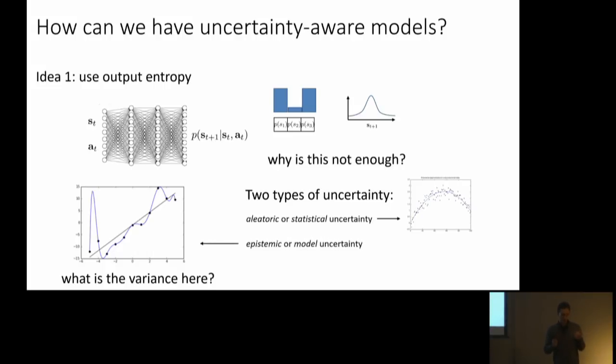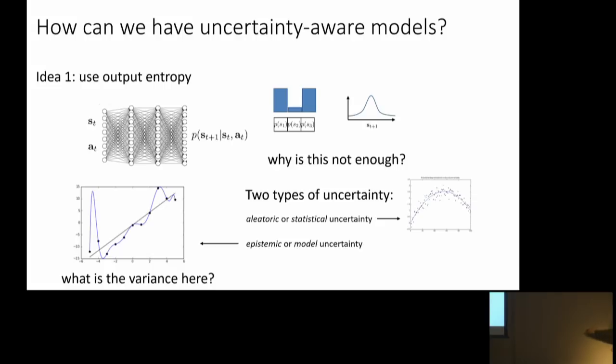But there's a second kind of uncertainty, which is sometimes referred to as epistemic or model uncertainty, which is your uncertainty about the model itself. You can have a deterministic, noiseless process generating data, but still have uncertainty about the model that actually fits that data. You can imagine a really extreme case of this. If I have the same kind of regression problem, but I have one data point right here.